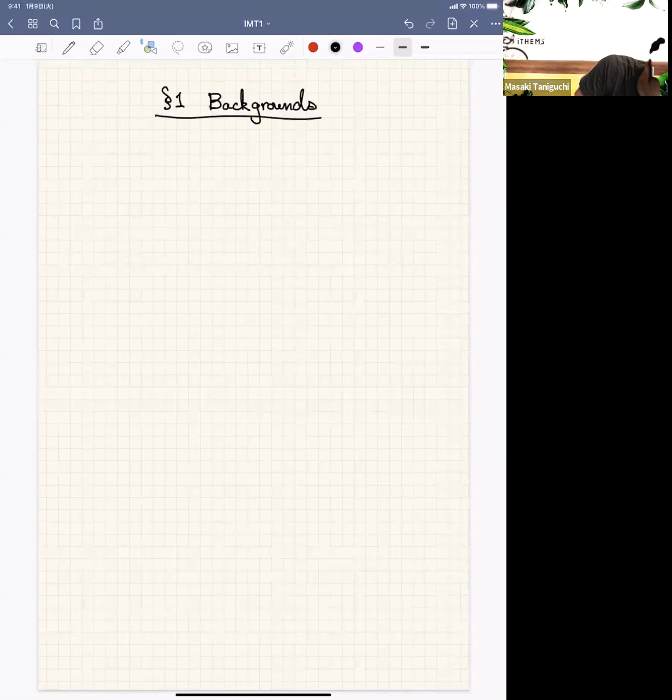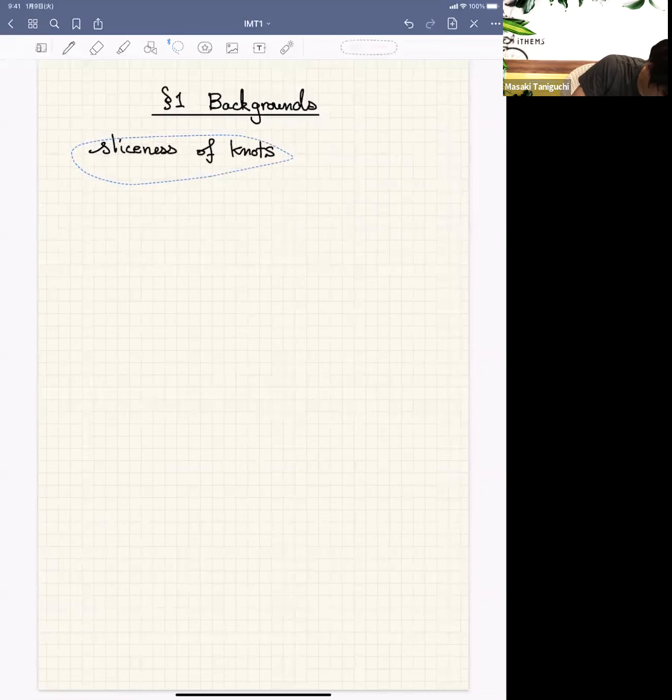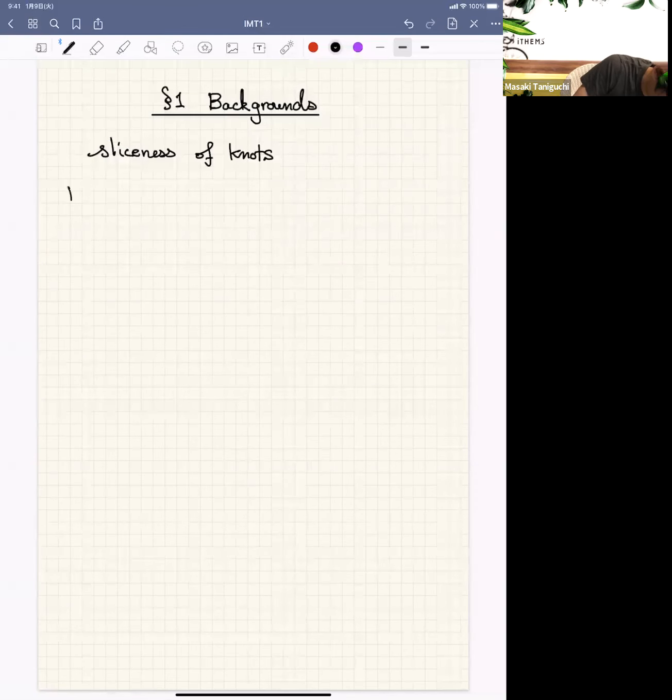So today we will focus on the sliceness of knots. Let me recall the definition of slice. Let K be a knot in S3.